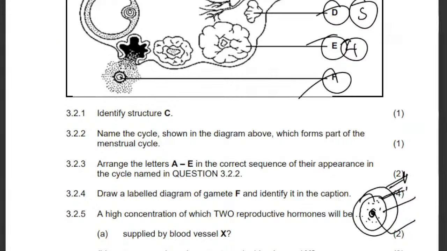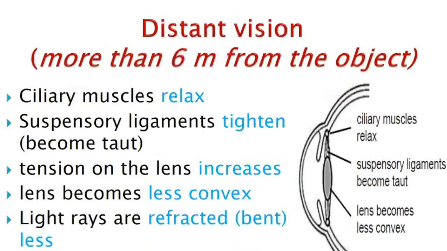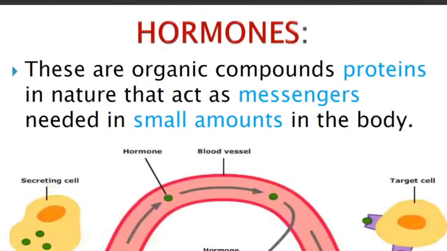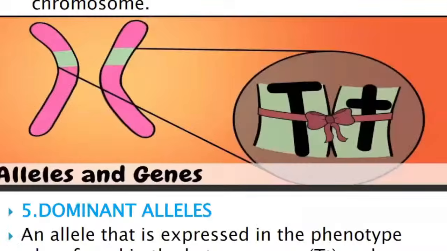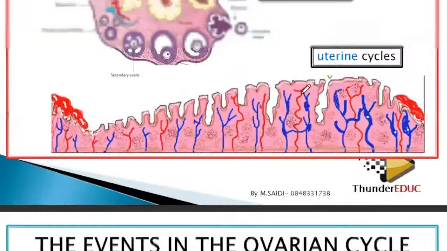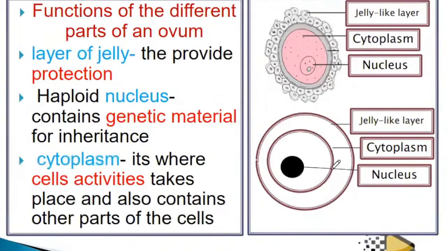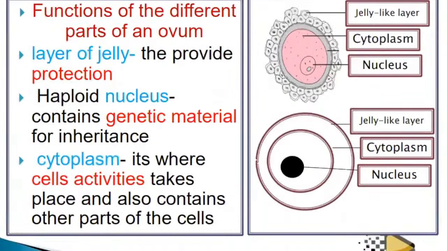Draw it the way we gave it to you during the teaching period. So basically, that's the way I drew it here. You see it: cytoplasm, gel-like layer, nucleus. So exactly how it is supposed to be drawn.